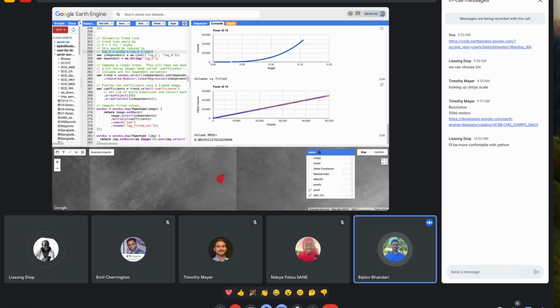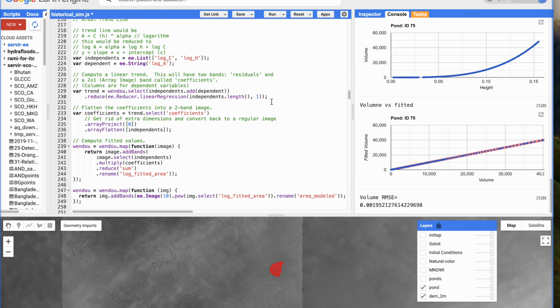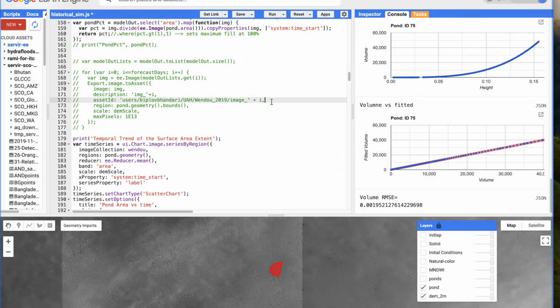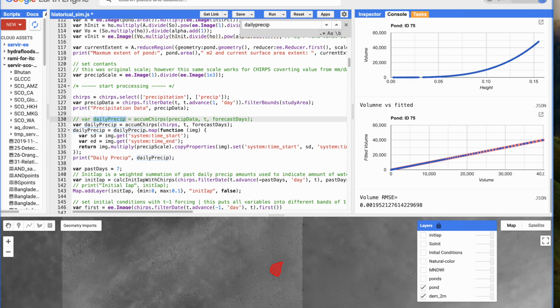Sorry, which function are you talking about? Accum shifts, the function you use for the daily precipitation. Okay, here we have accum chirps. Oh, accum chirps.